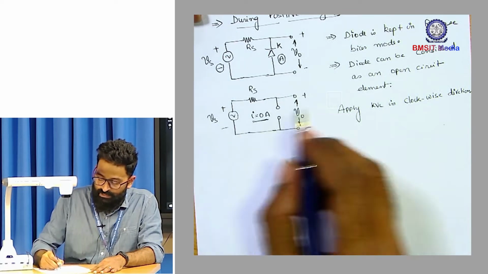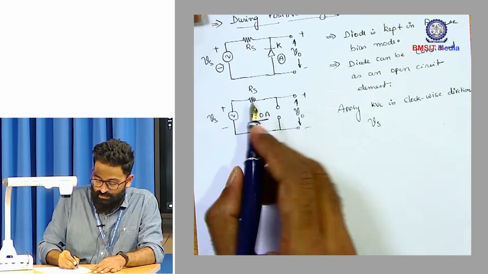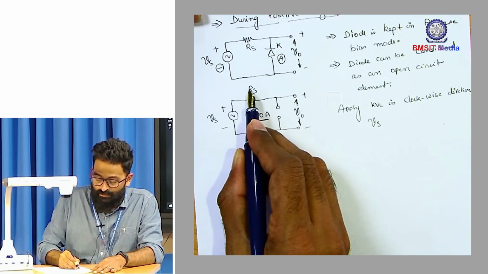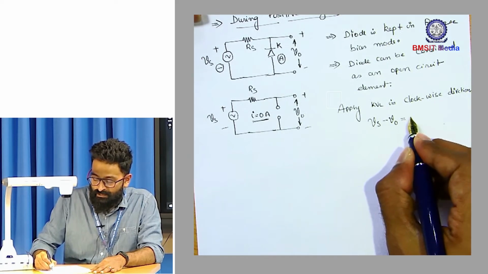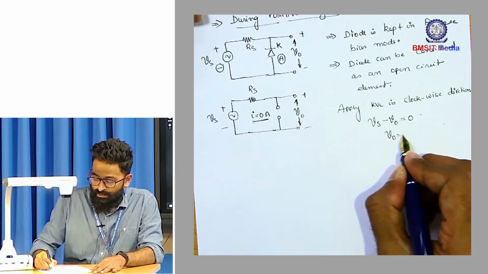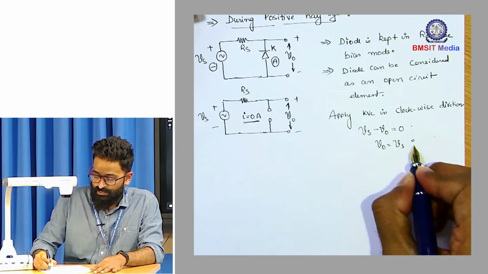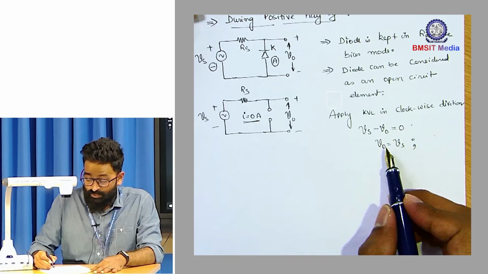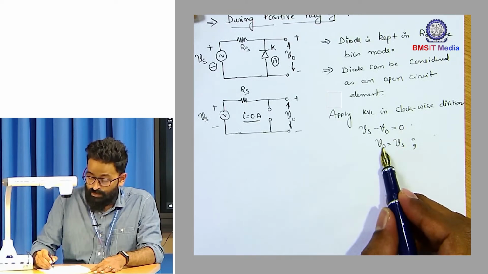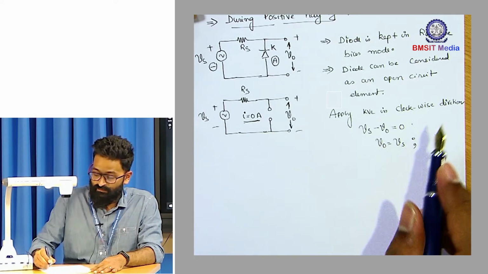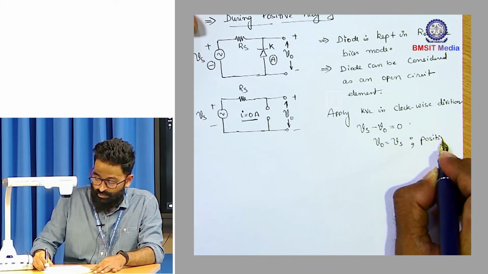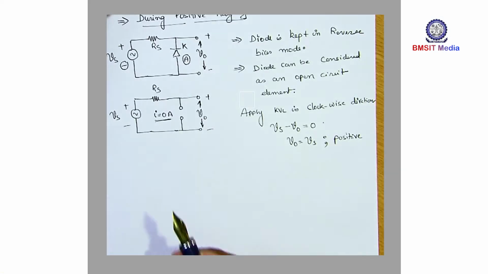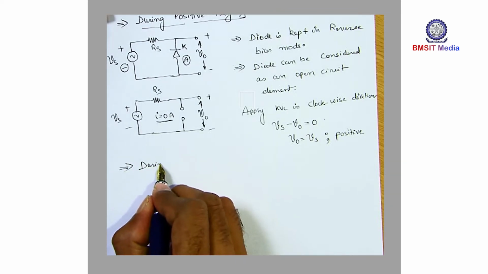So minus to plus, Vs, voltage across Rs is 0, then plus to minus is minus V0 is equal to 0, or V0 is equal to Vs. What is V0 is equal to Vs? V0 is equal to Vs means output is equal to positive half cycle of the input. So you can simply write positive. So that's the operation during positive half cycle.